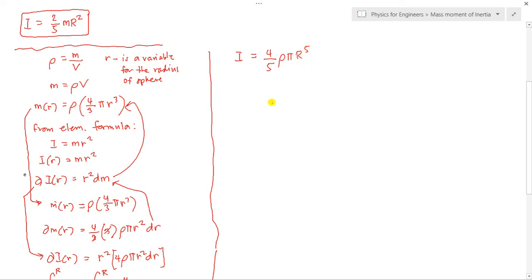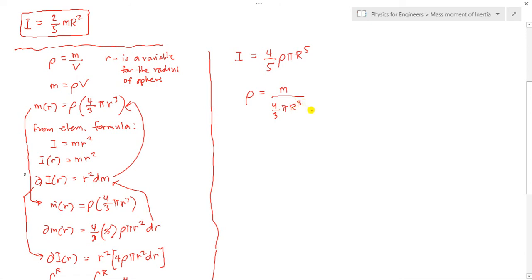And then we all know that the density is equal to the mass over volume. That is, density is equals to mass over volume, and the volume is 4/3 pi r cubed, right? Pi r cubed.